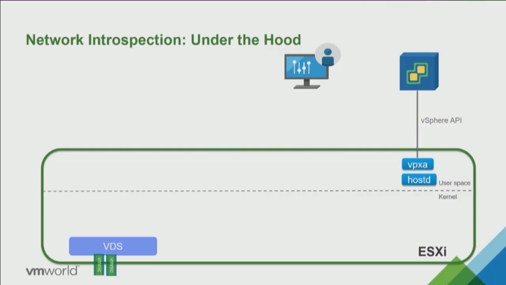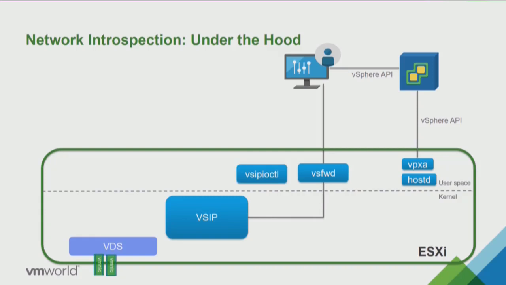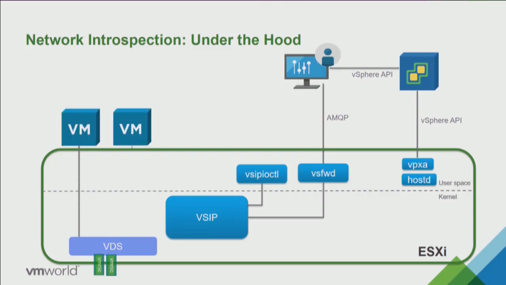NSX Manager talks to vCenter via vSphere APIs. When you prep the host for NSX, NSX Manager installs some of the components that are needed for service insertion and firewall.